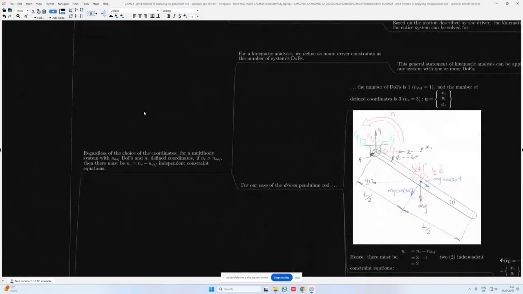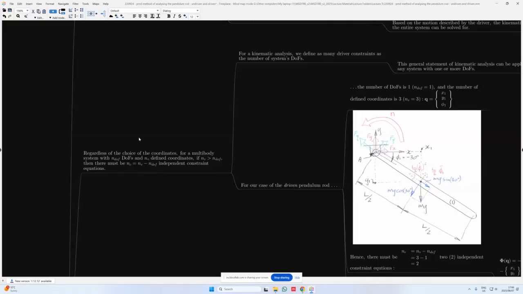And regardless of the choice of the coordinates for a multi-body system with NDOF degrees of freedom and NV defined coordinates, if NV, the number of defined coordinates, is greater than the number of degrees of freedom, then there must be NC, which is equal to NV minus NDOF, independent constraint equations.